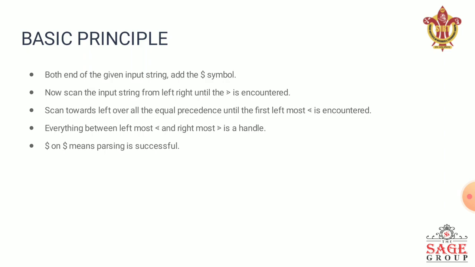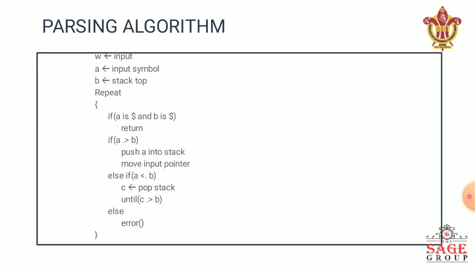We use one stack here, in which we push and pop various input symbols, and basically it is a set of all terminals. We also use an input tape, which contains the input string or sentence which we want to parse or check, followed by the end marker which is dollar, and we use a parsing algorithm to scan any given input string.